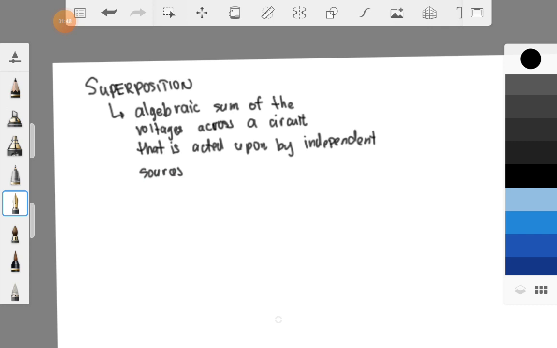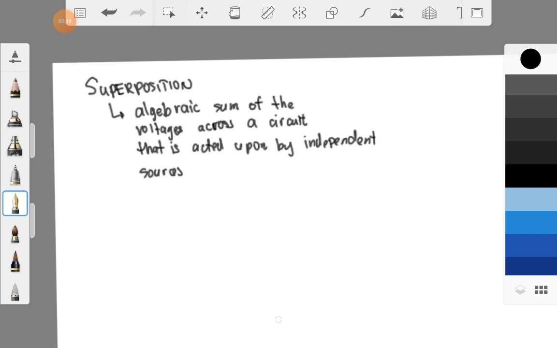Ibig sabihin yan, ito-turn off mo yung lahat ng mga voltages or current source that are independent, and then magtitira ka lang ng isa. Sabi nun, isa-isahin mong i-turn off yung voltages or current sources that is present in the circuit.